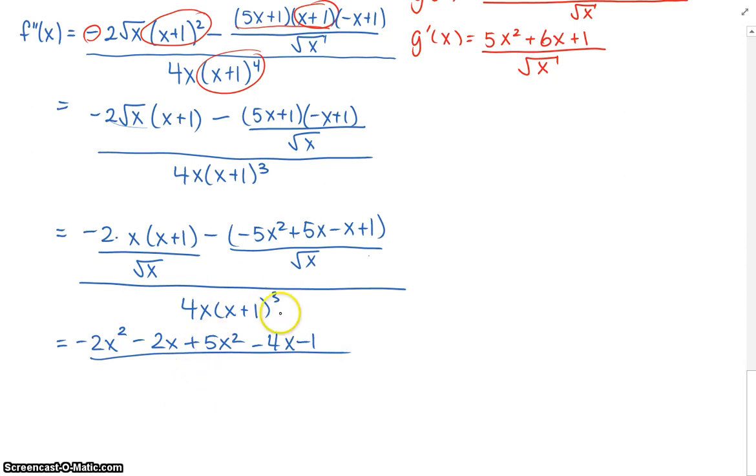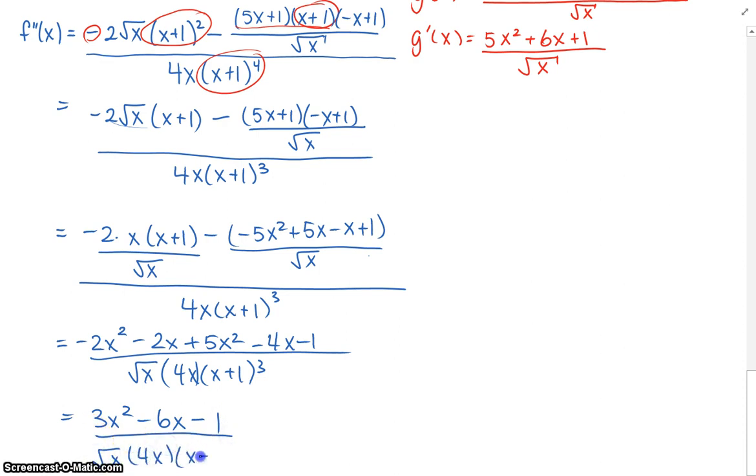And because this is a denominator and denominator, we can write it as root x times 4x, x plus 1 all cubed. Combining our like terms, we now have 3x squared minus 6x minus 1 all over root x, 4x, x plus 1 cubed.